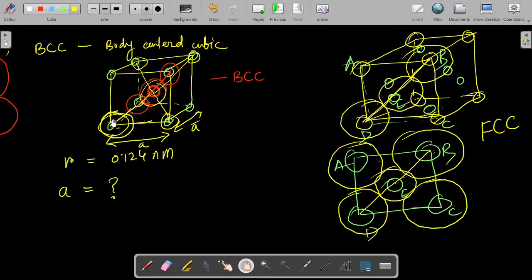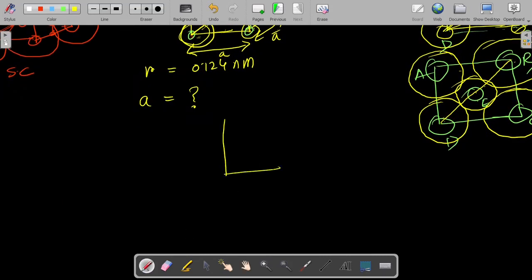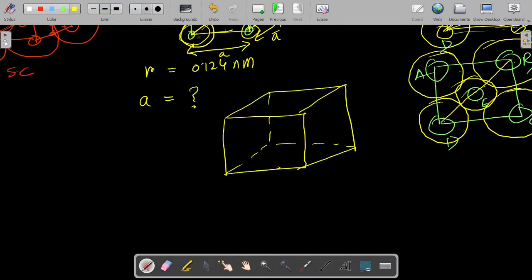So as I have already told you, the diagonal, this diagonal, so let's make a simpler diagram of this one. So let's draw this body centered cubic system again, fresh one. So that's your cube, and then there are these atoms sitting at the corners. Remember, this is the simpler form. They should be in such a way that they touch the center atom, which is at the center, right?